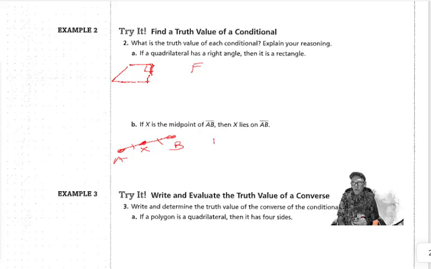Well, this is always going to be true because if we go back to our definition of midpoint, it's defined as the point that is on the segment exactly halfway in between, distance-wise, between A and B. It splits the segment into two equal parts. So that includes it being part of the segment AB. So that's always going to be true.